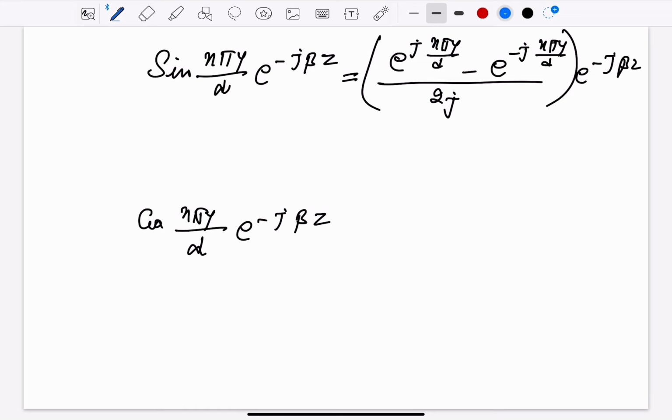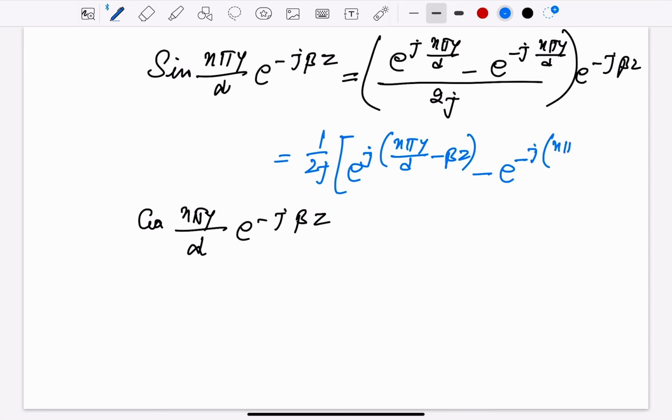So finally you can write this as 1 by 2j, e to the power j n pi y by d minus beta z, minus e to the power minus j n pi y by d plus beta z.